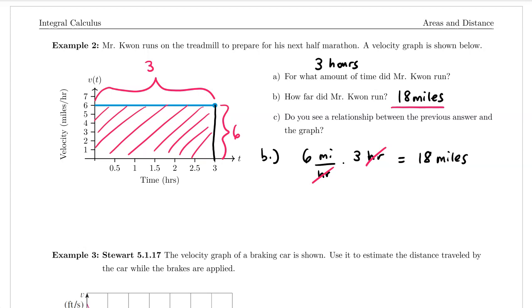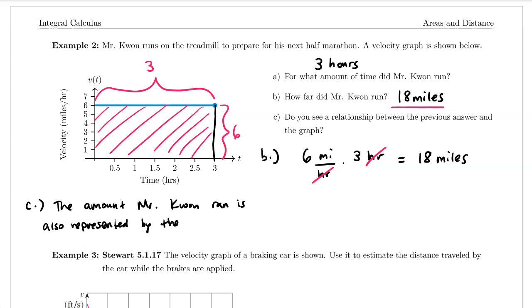So for part C, we can say that the amount Mr. Kwan ran is also represented by the area underneath the horizontal line, and in parentheses, I'm just going to say which is our curve.